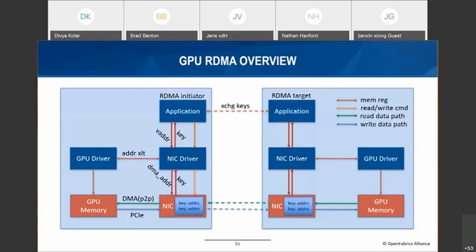GPU RDMA here refers to the scenario where we want to do RDMA operations directly using GPU memory. Nowadays, GPUs are widely used in computations for HPC and AI workloads.